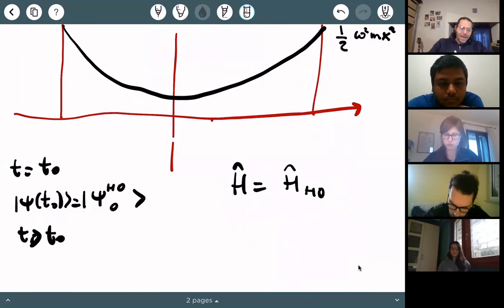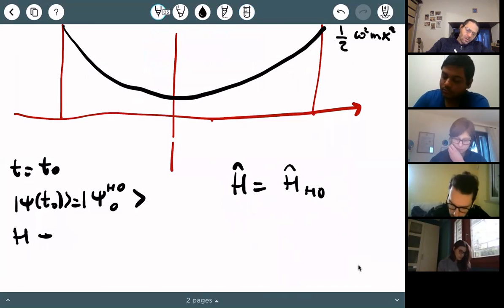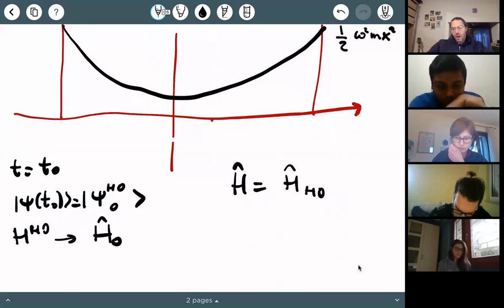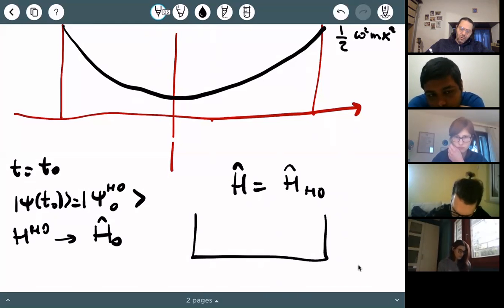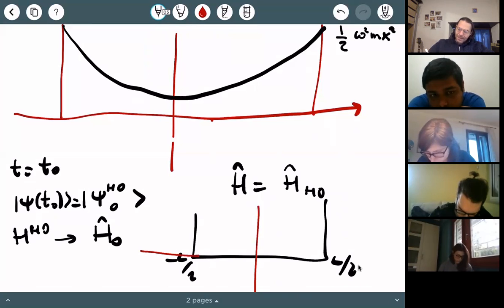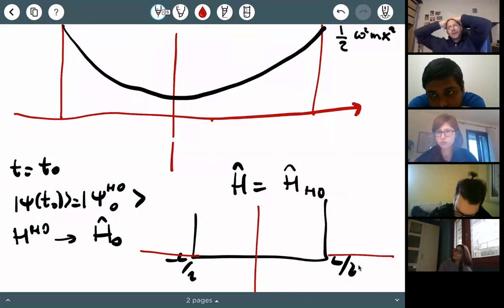So precisely at time t0, the Hamiltonian goes from the harmonic oscillator Hamiltonian to a different Hamiltonian, let's call it H0, which is the Hamiltonian for a square well with size L. So I have taken away the harmonic trap.